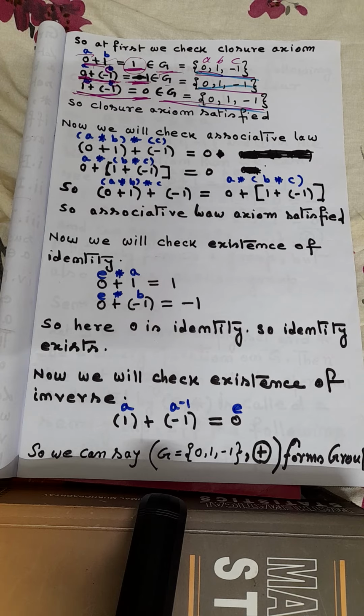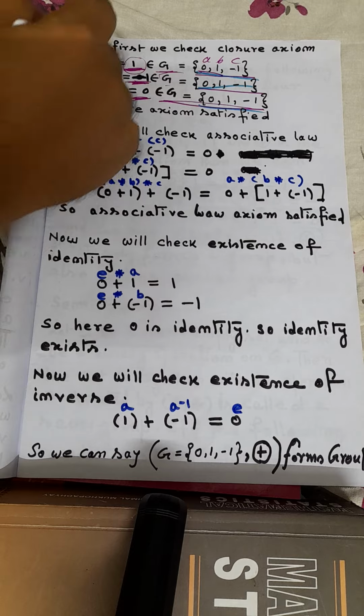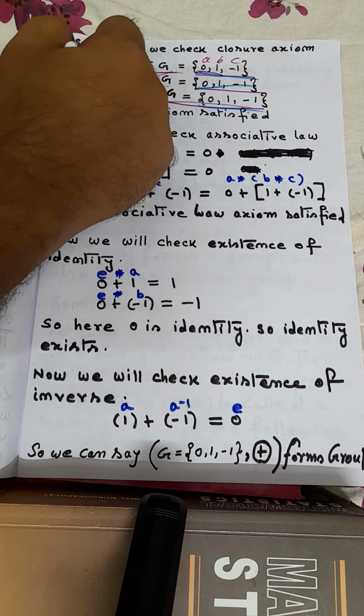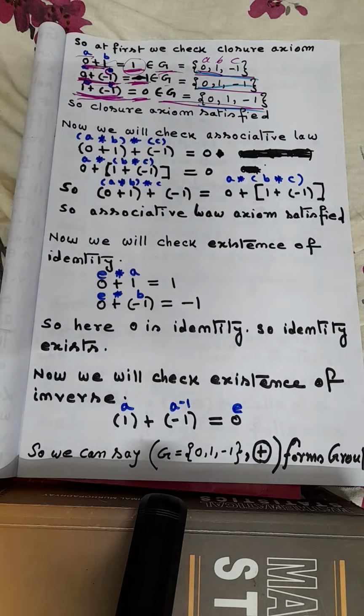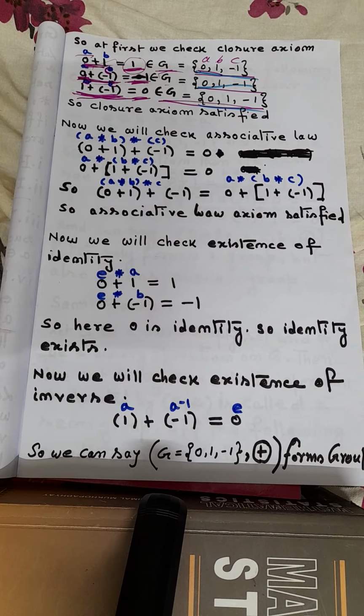And we can see that the operations we are doing with the elements of this set, the result produced also belongs to the same set, right? So you can say here that the set is closed under the binary operation addition, correct? The binary structure is closed under the binary operation addition.